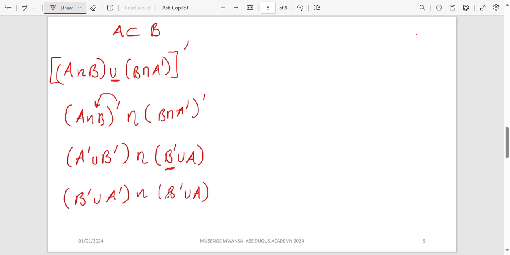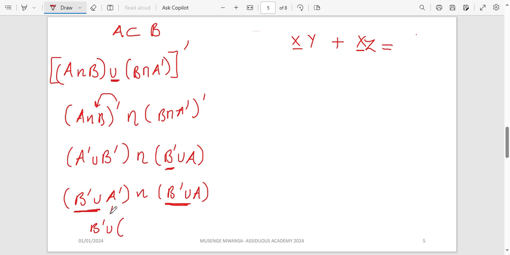Now, following the knowledge, remember the distributive law? If I have got xy plus xz, it means I can factorize out x, isn't it? Do you remember this? That's the same knowledge. I have got B complement union, and I also have B complement union. So I can factorize out B complement union.